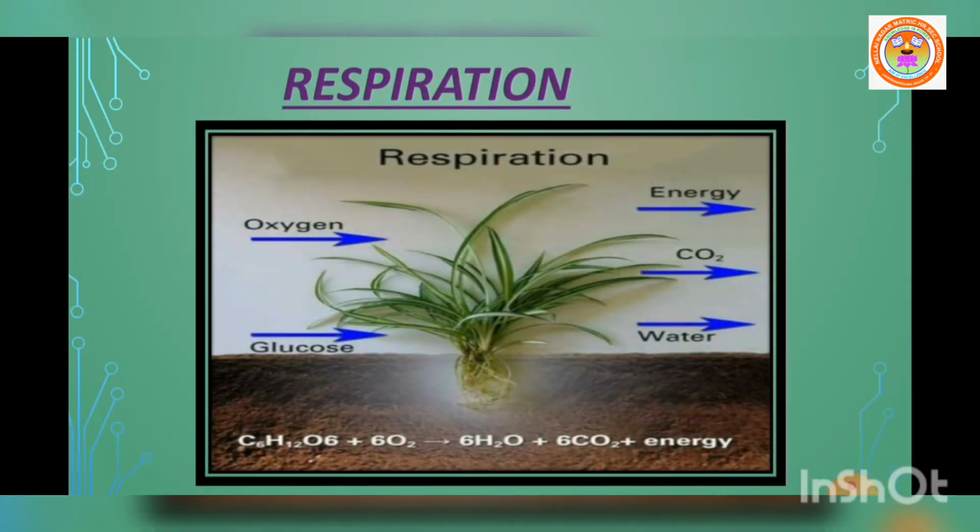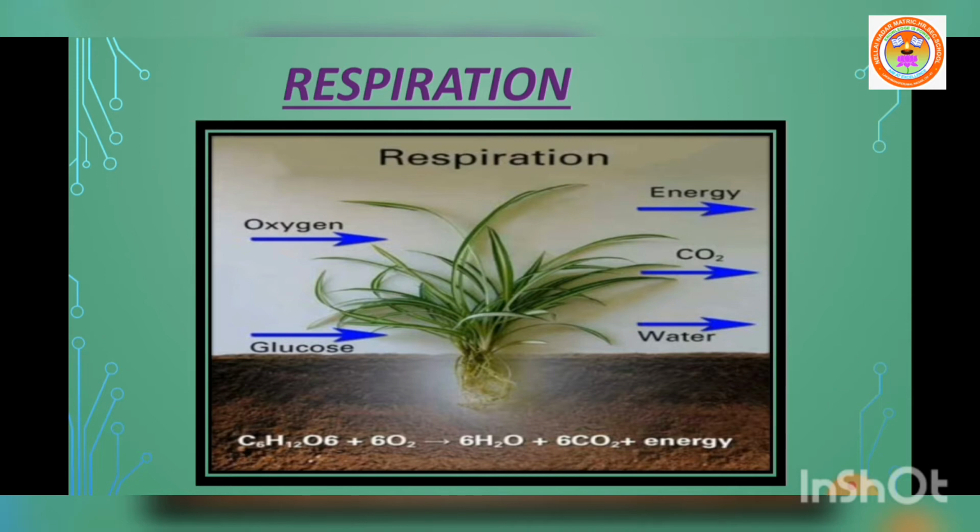Aerobic respiration is a type of cellular respiration in which organic food is completely oxidized with the help of oxygen into carbon dioxide, water and energy. It occurs in most plants and animals. Oxidation of food material releases a large amount of energy, and this energy is used for various metabolic activities.